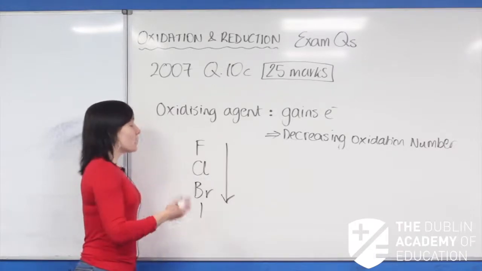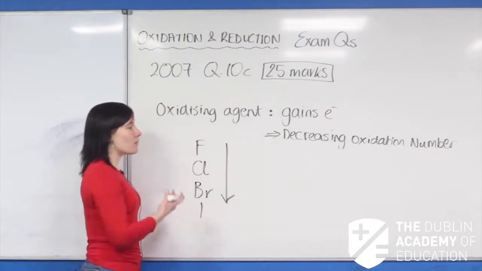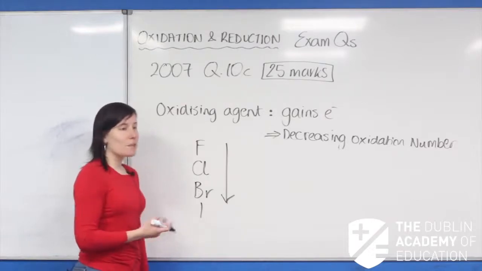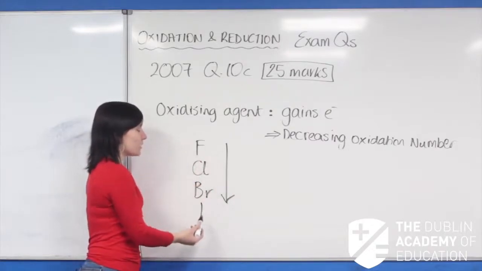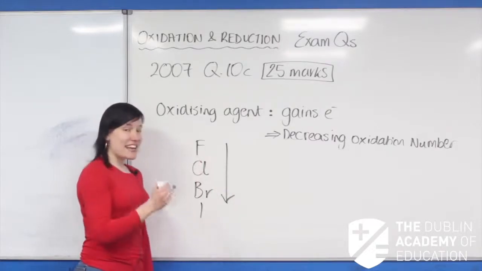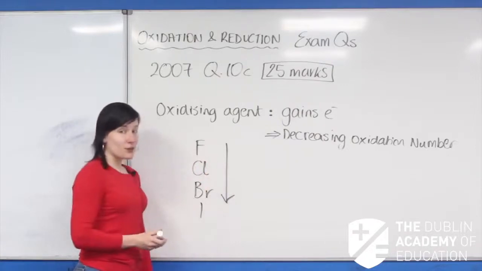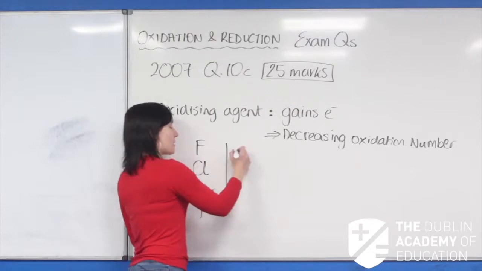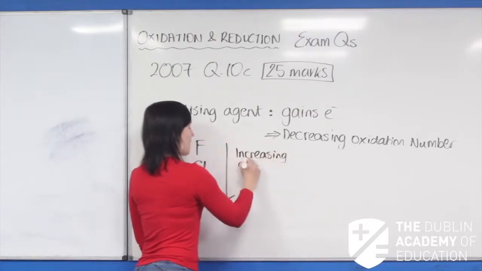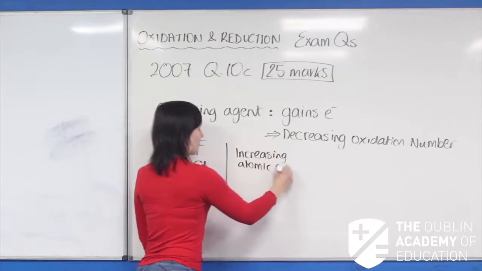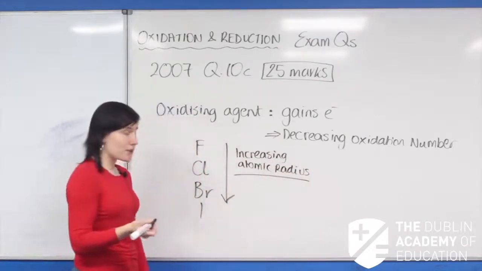The reason for it, if we think back to our trends of the periodic table and what we discussed when we had a look at that topic earlier on in the year, is that as we move down the group, these elements are getting less able to attract electrons. Their electronegativity is decreasing. And the reason for that is that we have an increasing atomic radius, which is obviously something we've discussed before, but let me just recap it very briefly.